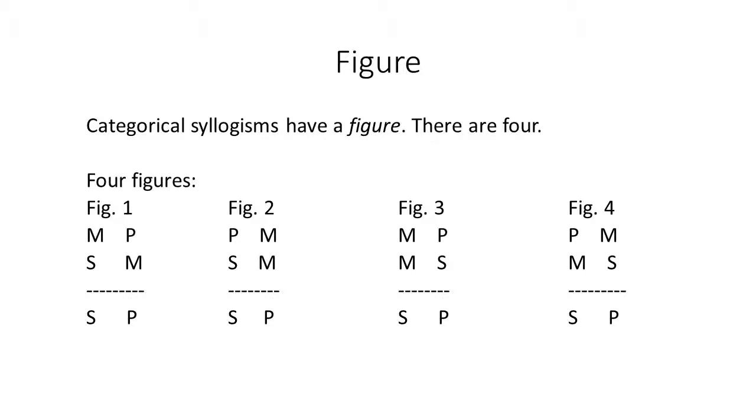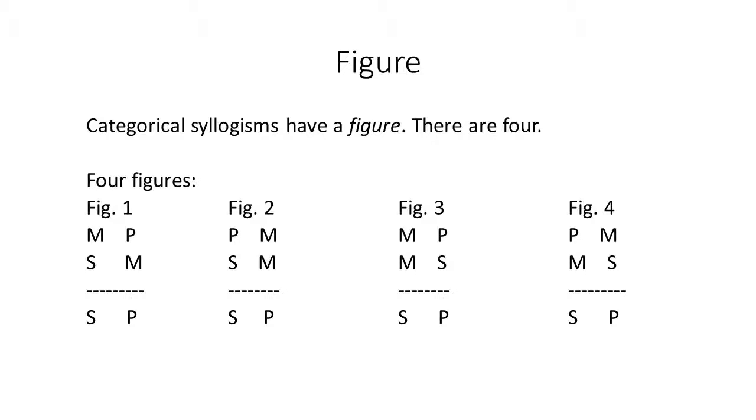In figure 2, again, the minor term, the subject of the conclusion, comes before the middle term. In figure 3, the middle term, M, comes before the minor term, S. And in figure 4, the middle term, M, comes before the minor term, that is the subject of the conclusion, S.